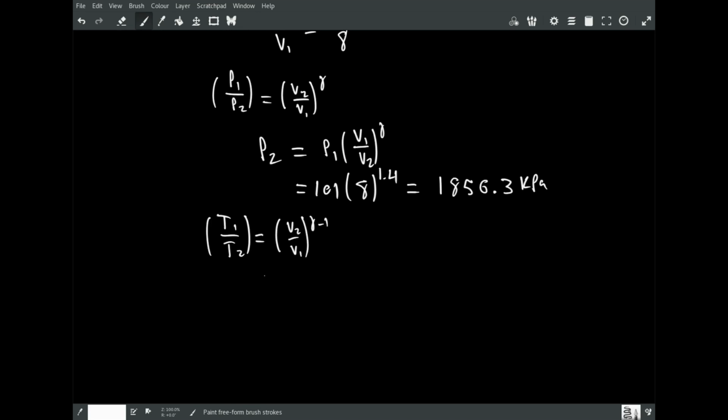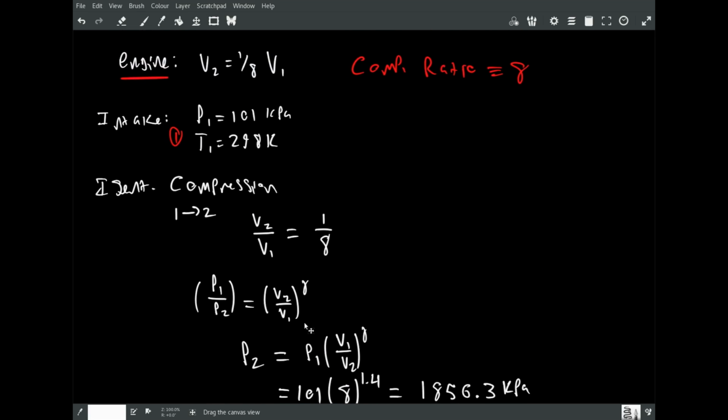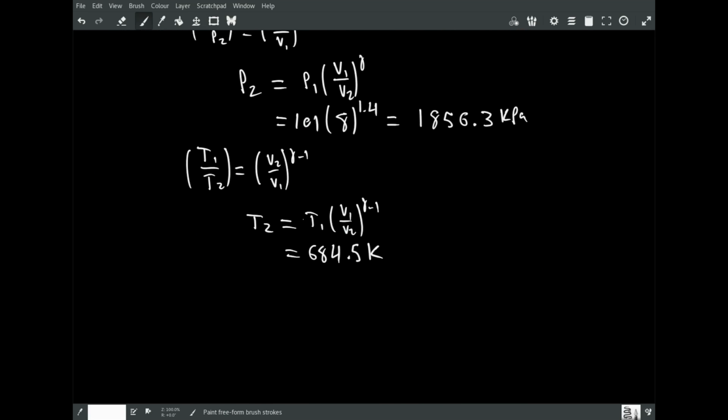So in other words, our temperature T2 is going to be equal to T1 times V1 over V2 to the gamma minus 1, which we will find is 684.5 Kelvin. One important thing to note, we've just increased our temperature by a little less than 400 degrees.